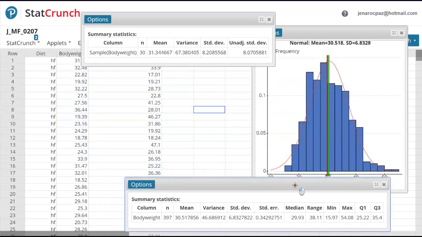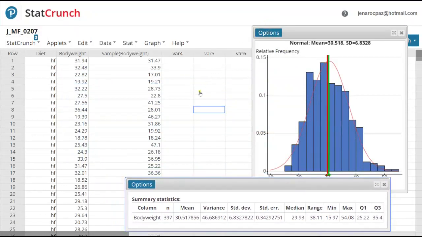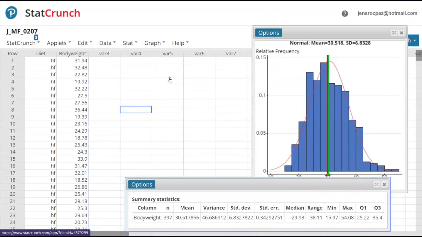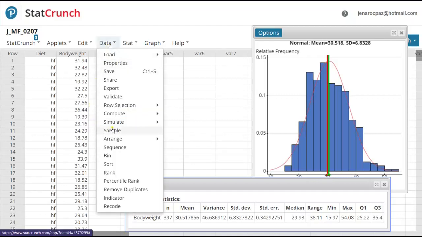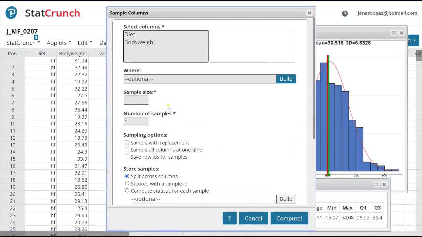I'm going to close this table. And now I'm going to erase the first sample. And then I'm going to sample body weight. How many samples? Let's choose just 20 samples. It's going to be sample with replacement.